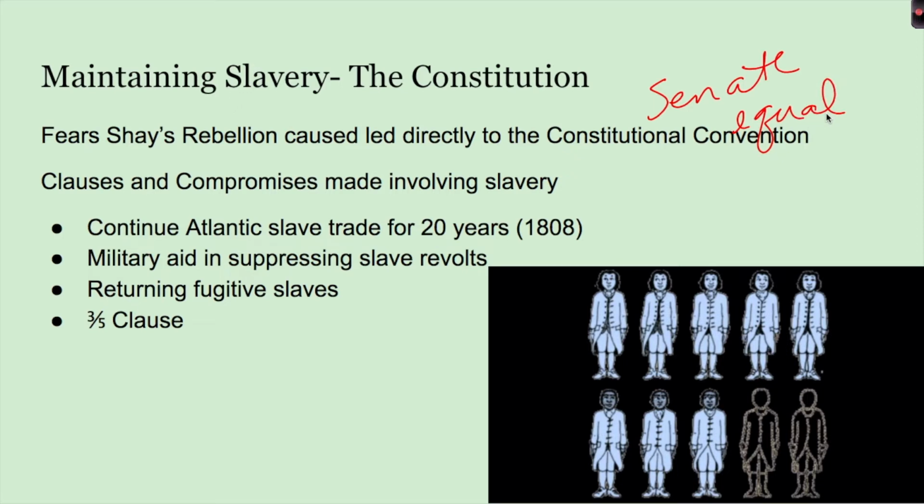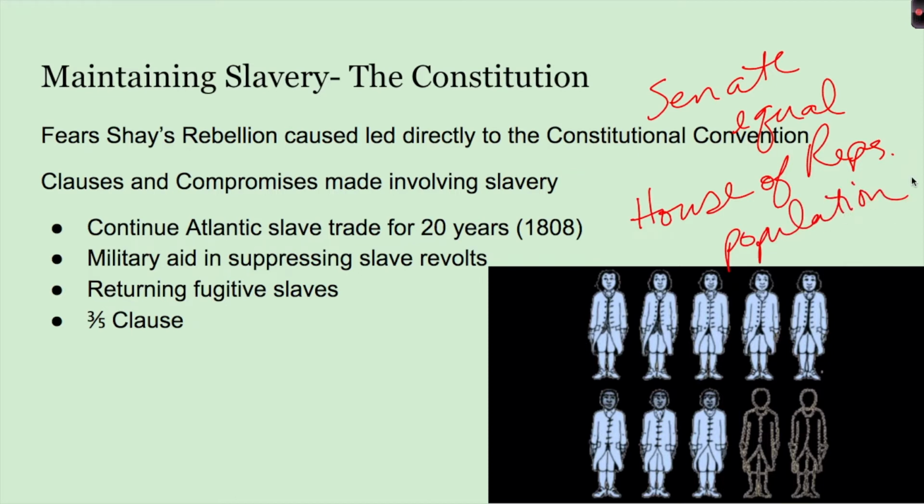Rhode Island has the same number of senators as Texas, for example. The other house is the House of Representatives, whose representation is going to be based on population. So Texas has many more representatives than Rhode Island, for example, because we have more people.